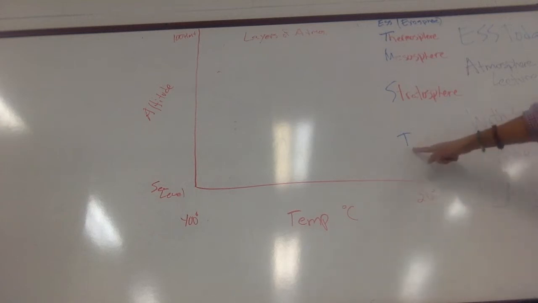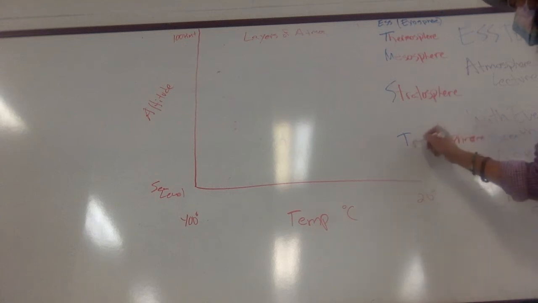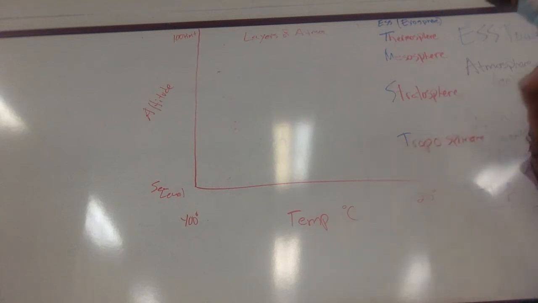How about down here? That starts with a T. Something sphere. That's a great guess. This will be the troposphere. I was going to say tropics, and then I was like, that sounds like rainforest. Hemisphere means half sphere.